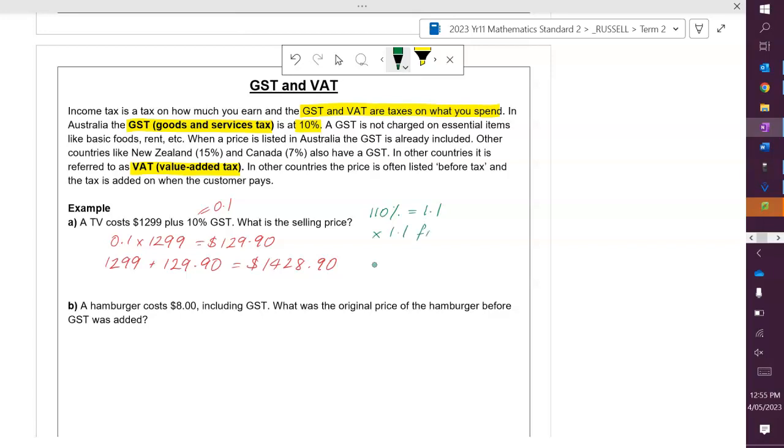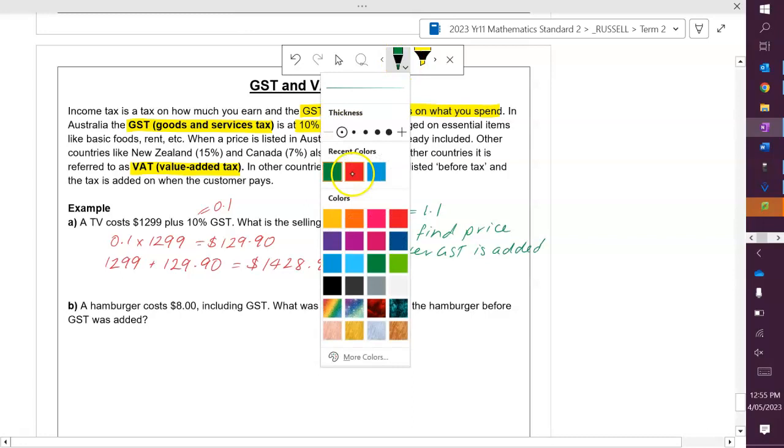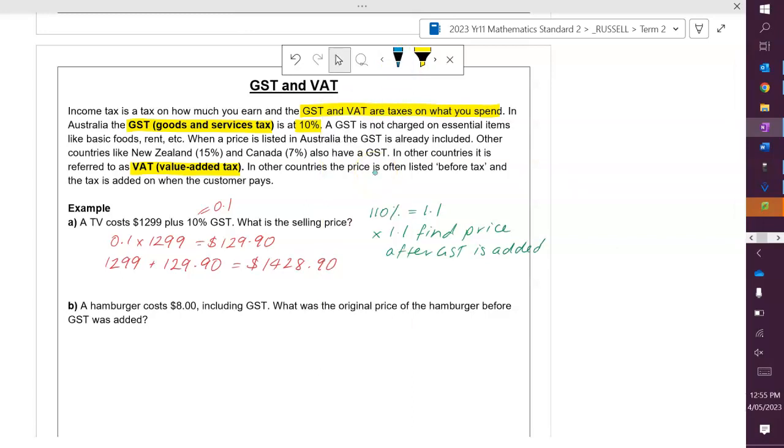So using this, it would be 1299 times 1.1, and that would give us in one step our $1,428.90. It's really important to use this little shortcut because it can save that little extra step.